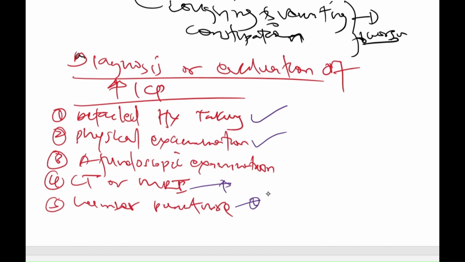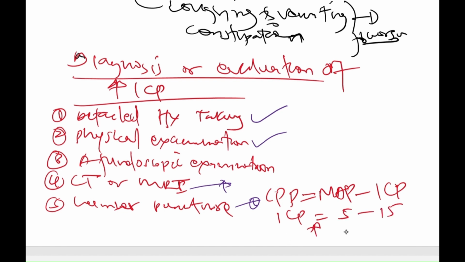And usually we all know that cerebral perfusion pressure is equal to mean arterial pressure minus intracranial pressure. The normal intracranial pressure is 5 up to 15, and any increase above 20 is dangerous, and a quick intervention should be done.